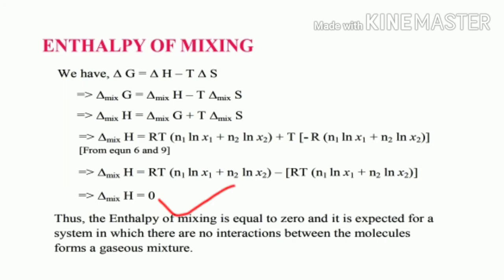Therefore, ΔH_mix = 0, because all the terms in the previous equation cancel out. Thus the enthalpy of mixing is equal to 0, and it is expected for a system in which there are no interactions between the molecules that form a gaseous mixture. That means there should be no chemical reaction between the two gases which are going to be mixed.